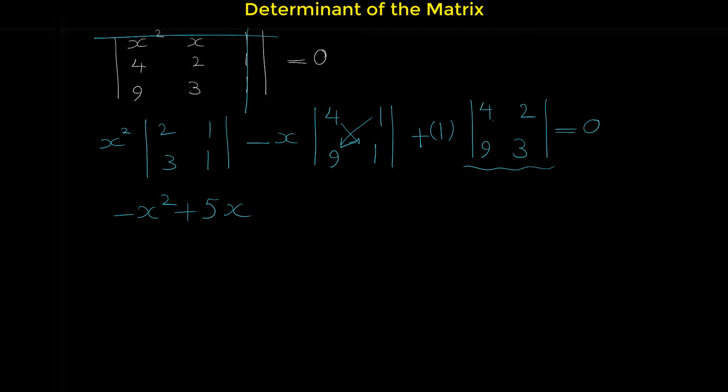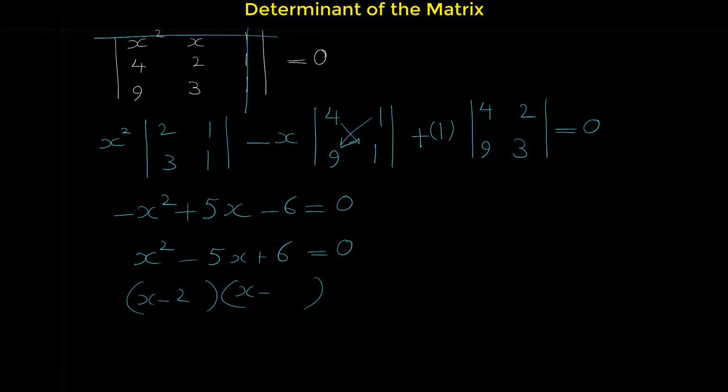And from here 4 times 3 is 12, minus 18 is -6, equals 0. If we multiply both sides of this quadratic equation by a negative, we have x squared minus 5x plus 6 equals 0. And we can factor this as x minus 2 times x minus 3 equals 0. And from this, x is 2 and x is 3.